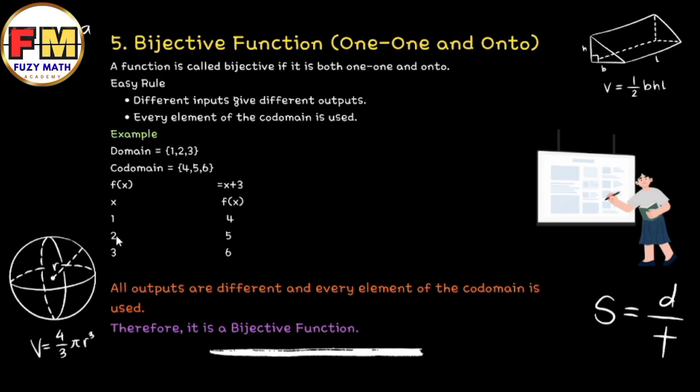Put the value of x as 2. The value will be 5. Put the value of x as 3. The value will be 6. All outputs are different and every element of the codomain is used. Therefore, it is a bijective function.